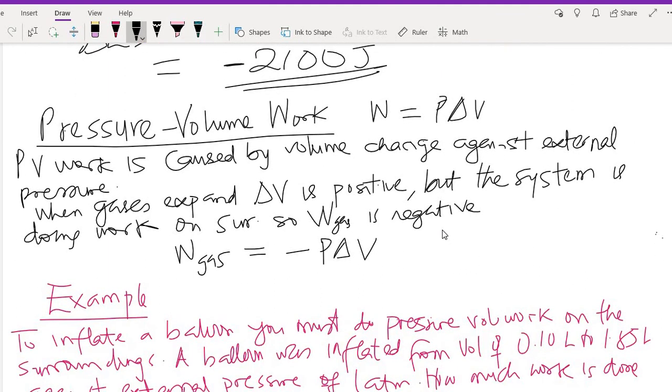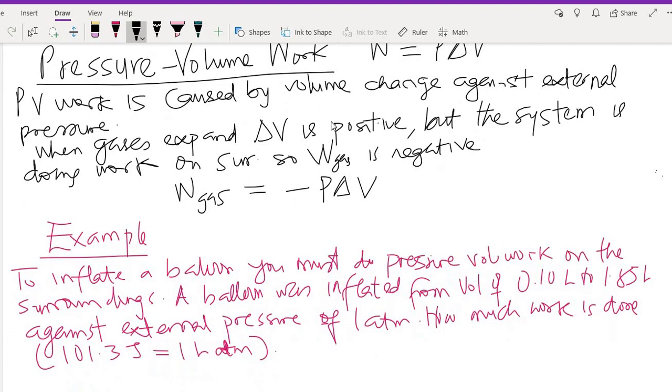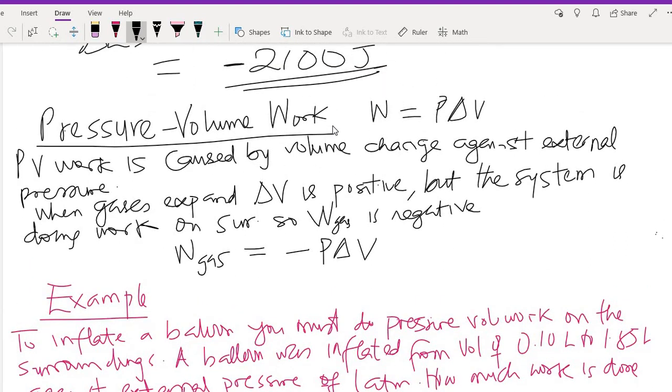We have pressure volume work, which is a product of pressure times change in volume. PV work is caused by volume change against external pressure. When gases expand, delta V, change in volume, is positive, but the system is doing the work.